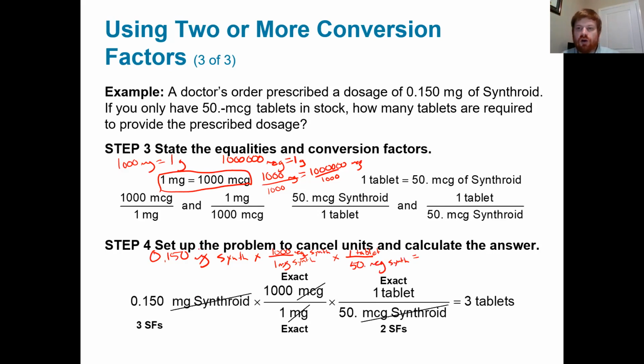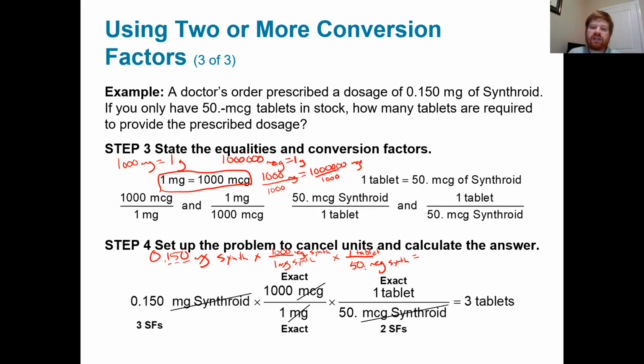Now 0.150, that's a 3 significant figure number, right? The 1, the 5, and the trailing 0 in a number with a decimal. The conversion from micrograms to milligrams, or vice versa, is an exact number. It's a metric conversion, so don't worry about the significant figures there. Now 1 tablet is counted, but 50 micrograms here is measured.